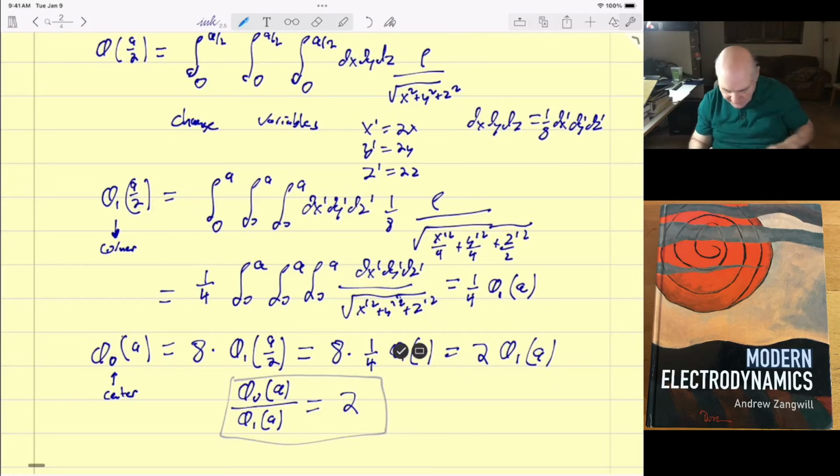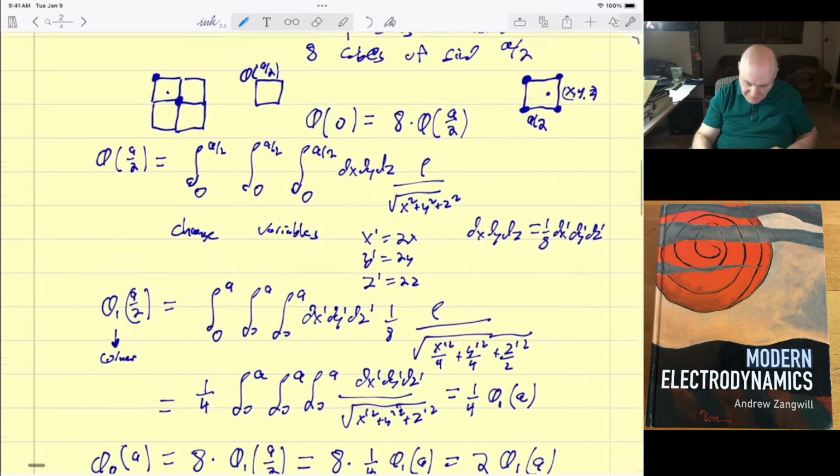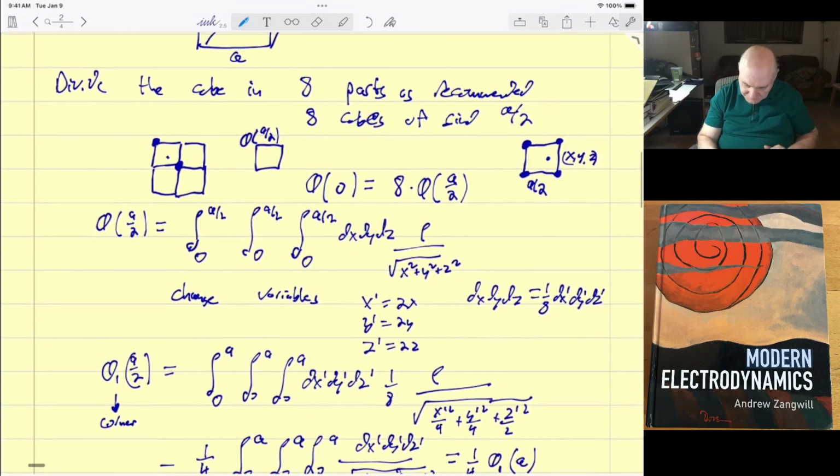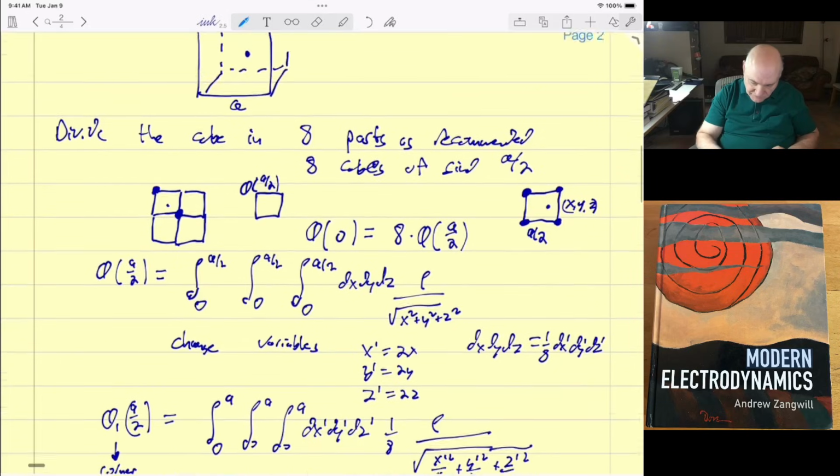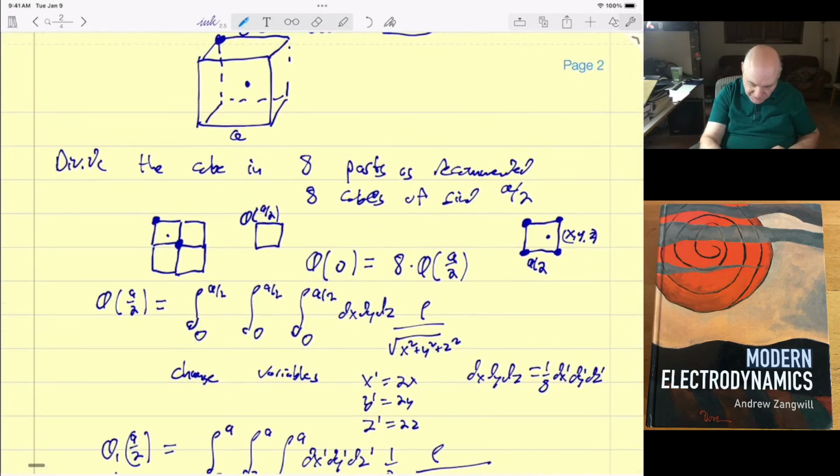So it's a little bit higher than for a sphere. And so what we're doing is we're just adding up the potential from the 8 cubes. We could think of it as the potential at the right lower corner of, let's say, the top cube. The potential of each cube at the center.